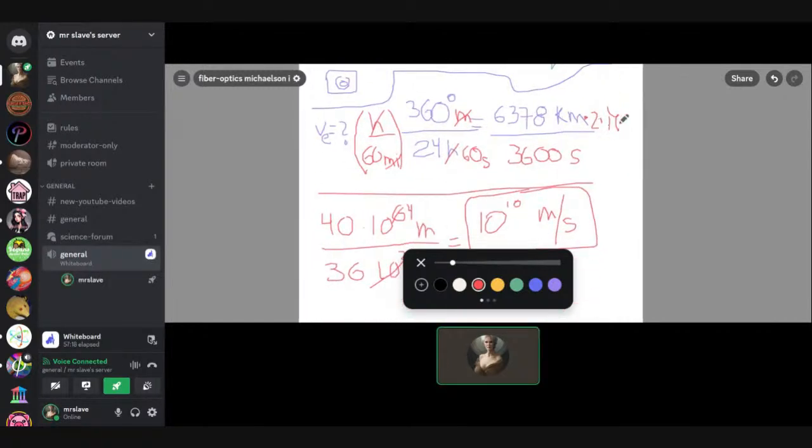360 is 2 pi r. All right, so it's 2 pi r. R is about 7... This is wrong. It can't be 6,000 kilometers, maybe 6,000 meters.